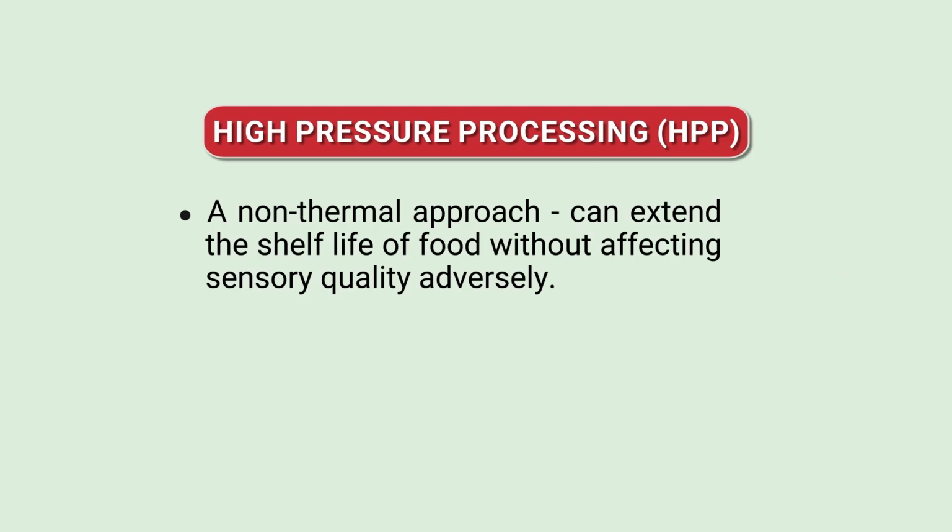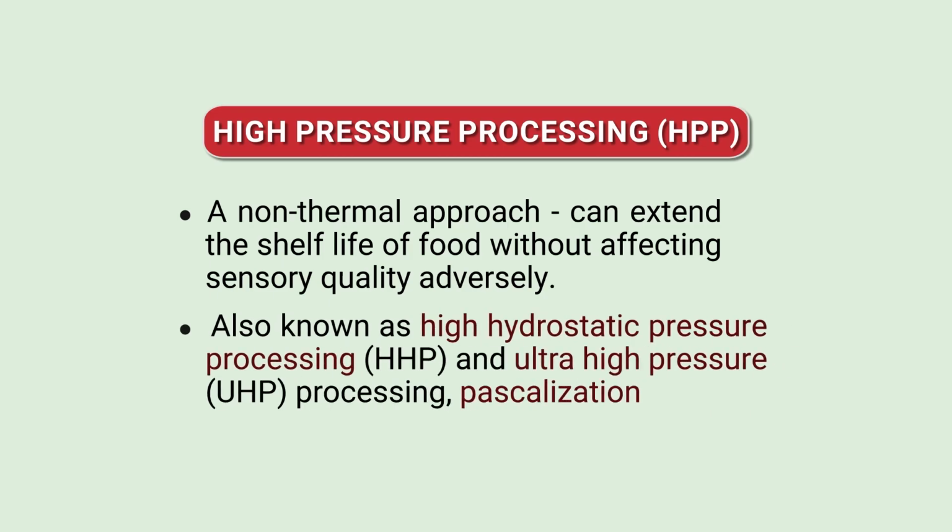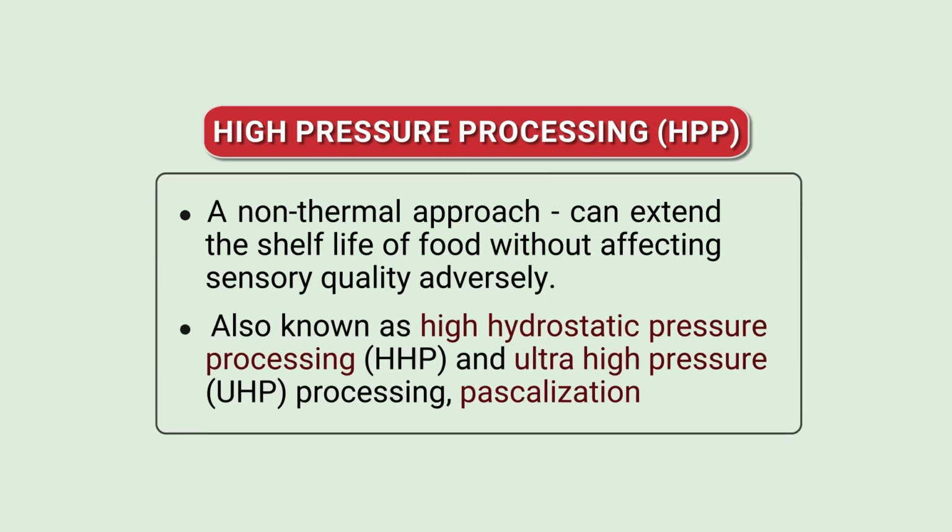This is a novel, non-thermal approach, and it can extend the shelf life of food without affecting sensory quality adversely. That is always a comparative statement. It has to be compared with conventional processing technologies, mainly thermal, when there is a non-thermal approach.